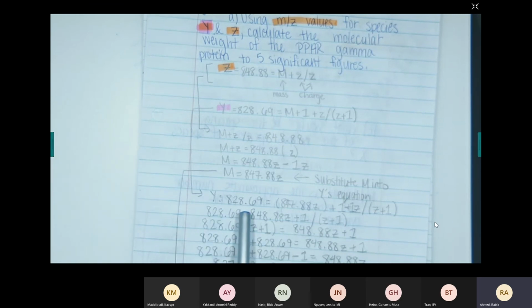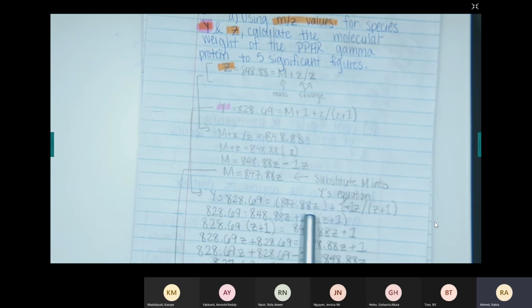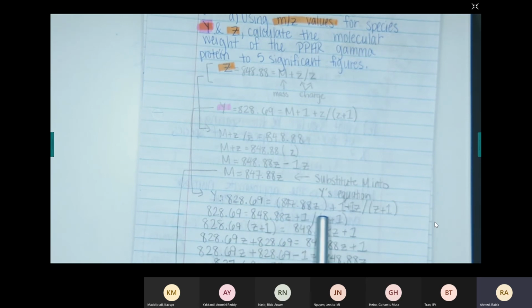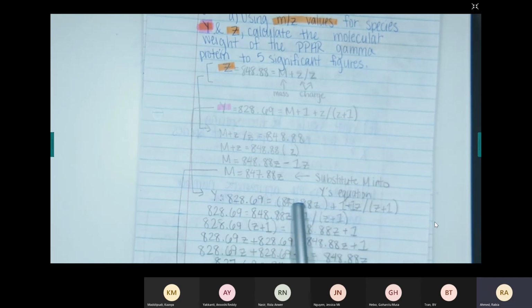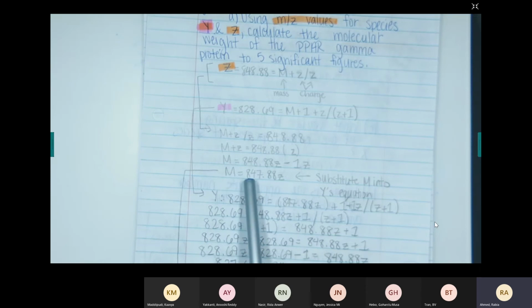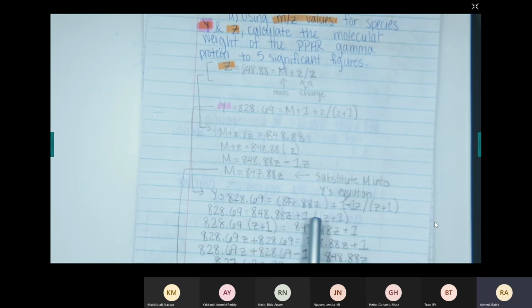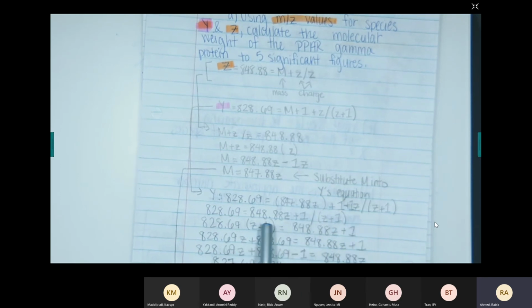So Y is equal to 828.69 equals 847.88 Z plus 1 Z over Z plus 1. This comes from our Z equation. So I'm going to do 828.69 over 848.88 Z. I'm going to add this Z to this Z and get this plus 1 over Z plus 1.